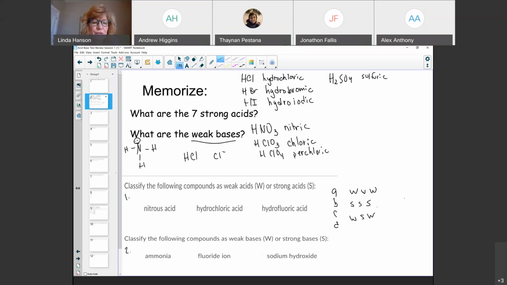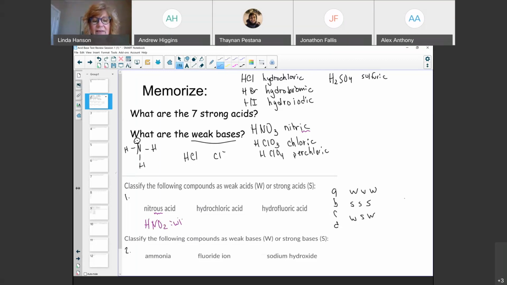So with the first question, it becomes as easy as saying, okay, I have the 7 memorized. Are these one of the 7? Notice these happen to be by name. Nitrous acid is not the same as nitric acid, so don't get fooled there. Nitrous comes from the polyatomic ion nitrite.